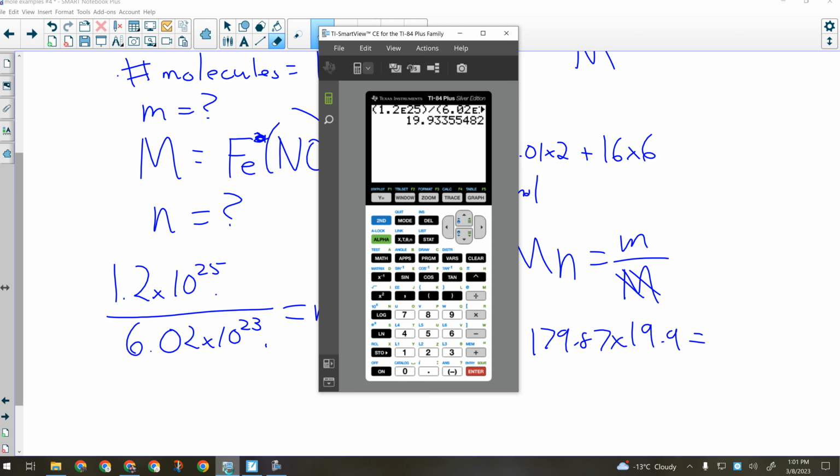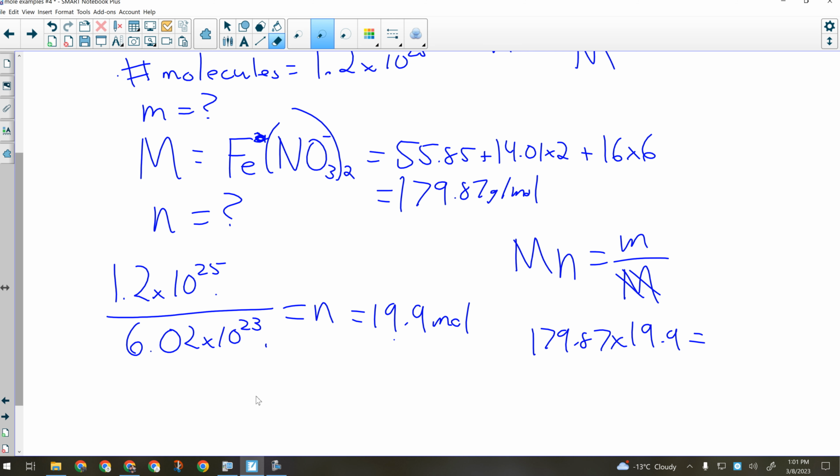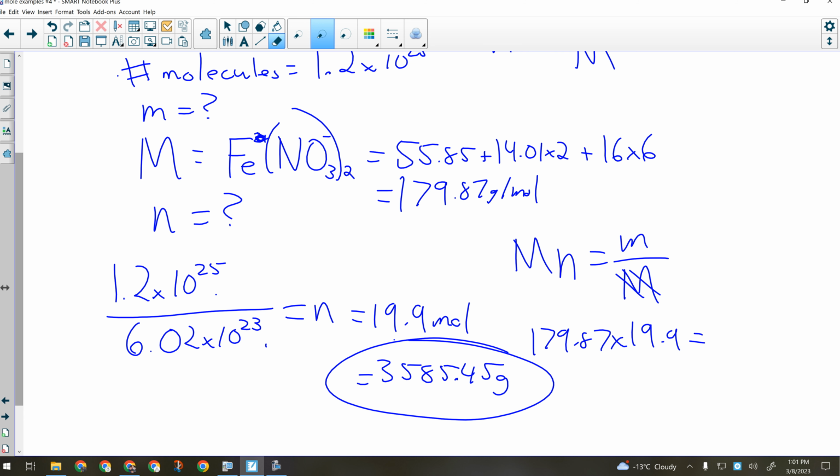So I'm taking that number and multiplying by 179.87. We are looking at a mass here of 3,585.45. What are my units? Grams. All right.